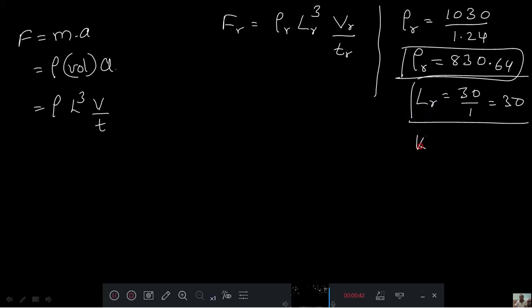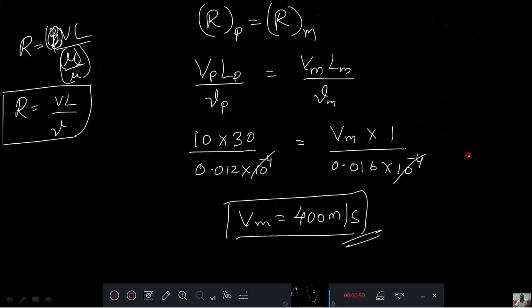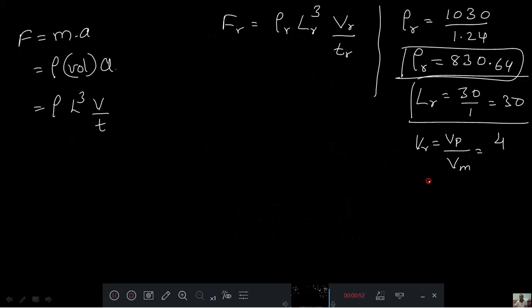Then Vr is Vp divided by Vm. Vp is 10 meter per second divided by 400. Therefore 10 by 400, 0.025. This is your Vr.